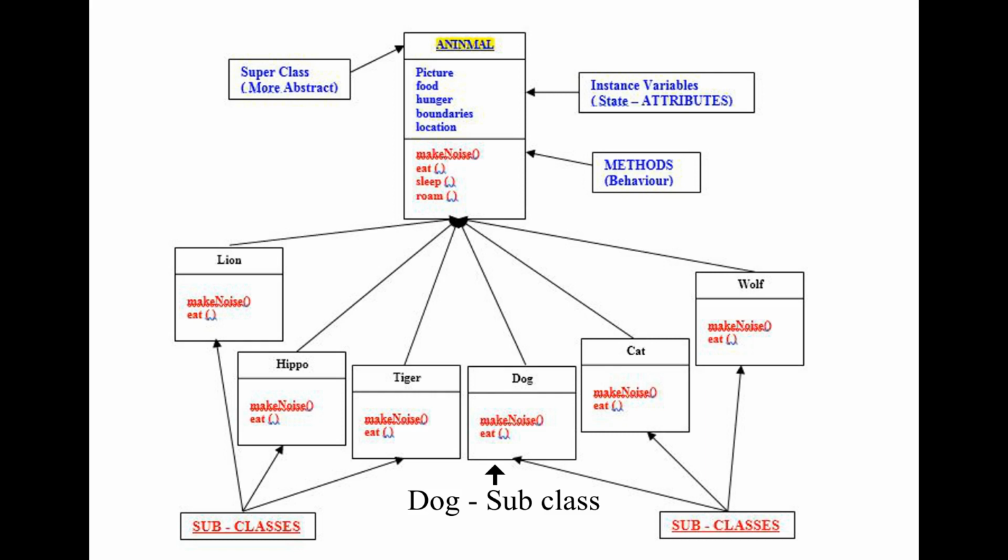Another great benefit of subclassing is that even though you inherit these properties, you can override them, you can change them. So the make noise method, for instance, for Lion would be somewhat different than the make noise method for a Dog. So obviously a dog barks and the lion roars, and again, the wolf, I don't know what the wolf does, but whatever it does, it's probably slightly different than what a dog or a lion would do.